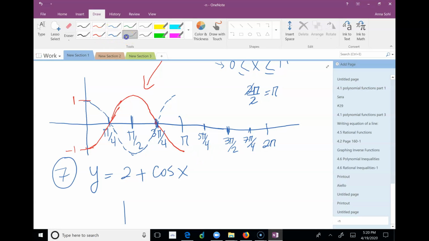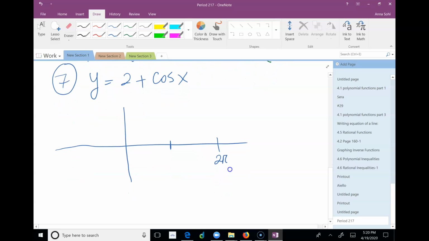So if you were continuing for another period, this would have been the next period. You go from here to the highest, to 0, to the lowest.